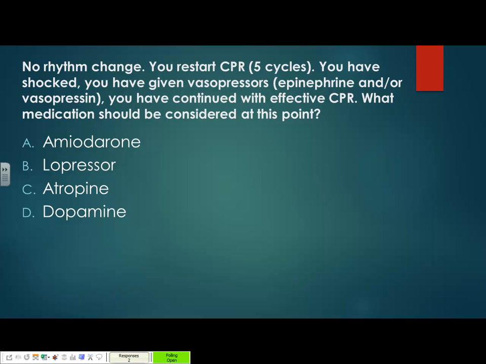Remember, think about what algorithm you're in. What algorithm are you in right now? Alright, it's cardiac arrest, but there are two different cardiac arrests. Your pulseless VTach, VFib algorithm.